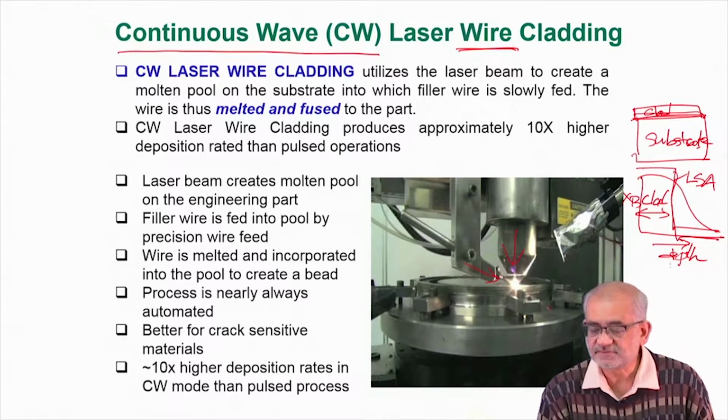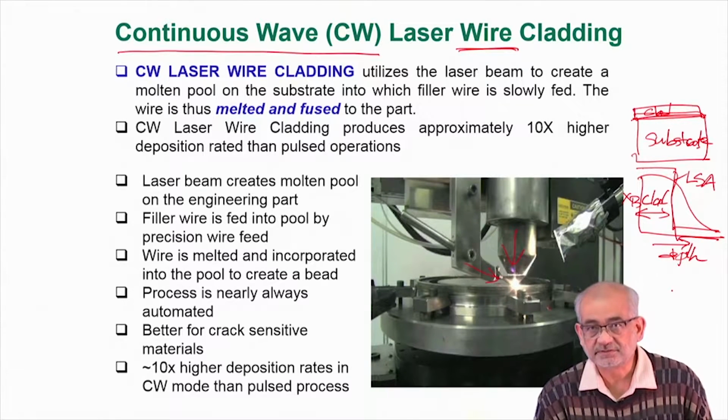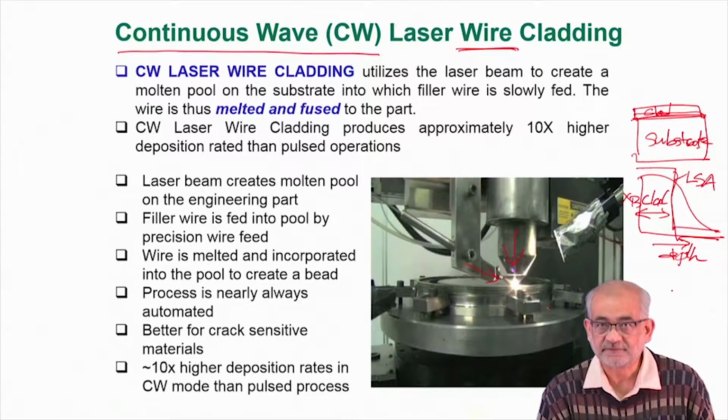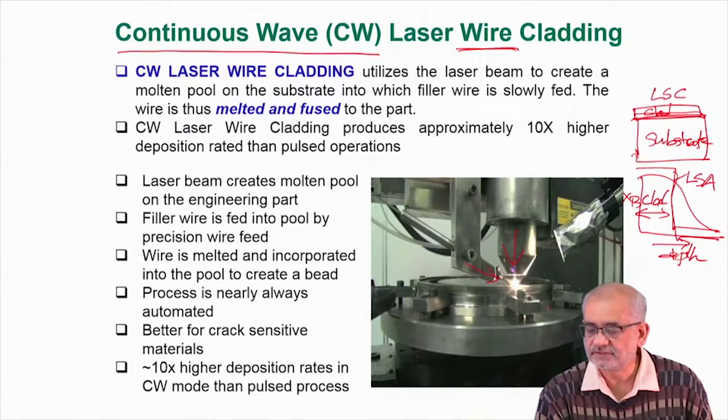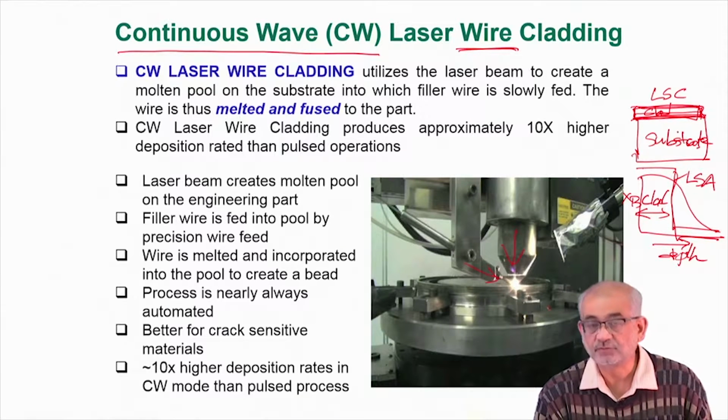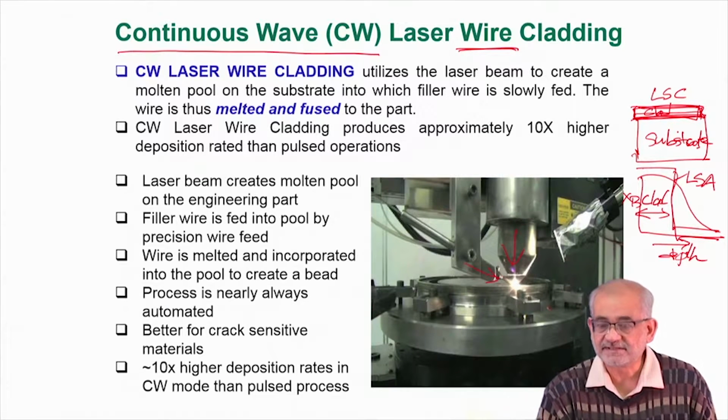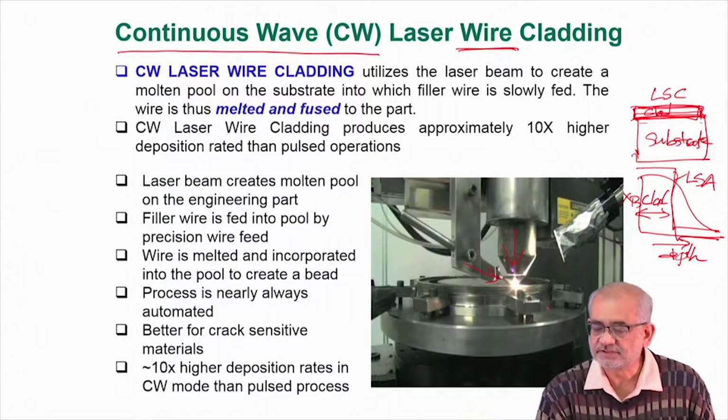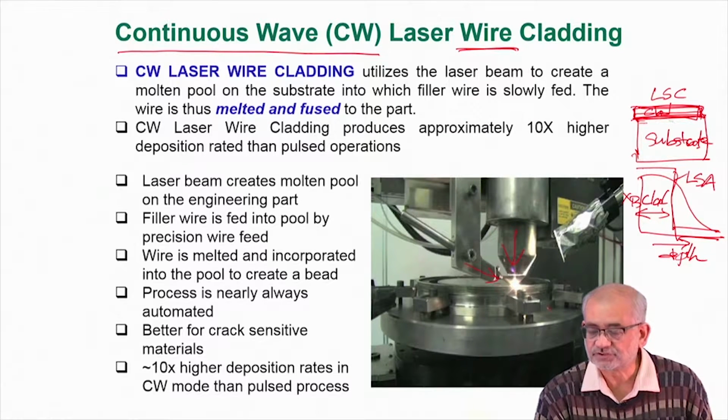Obviously, the interface being sharp, the immediate concern could be about adherence to the underlying substrate. But the advantage in laser surface cladding is that when we overlay this molten layer, because it is in the molten state, it is at a much higher temperature. So invariably in contact with the substrate, it will dissolve or melt a portion of the substrate and the interface that we are talking about.